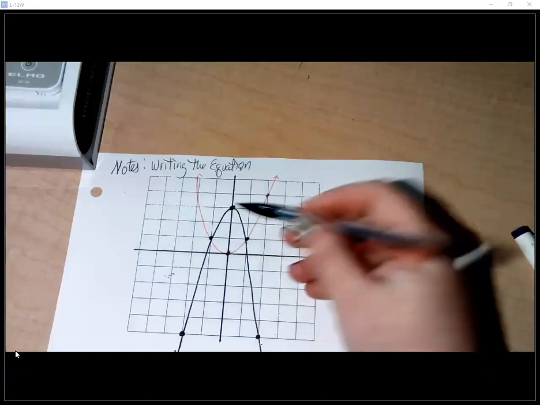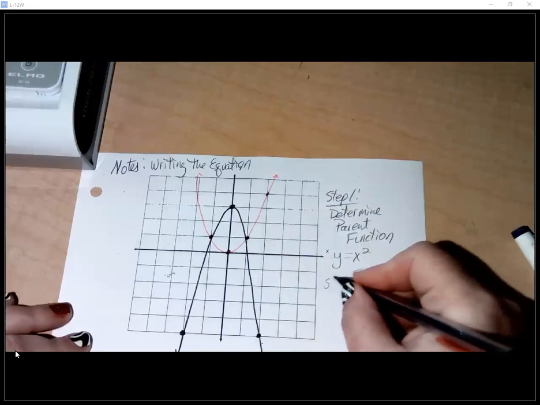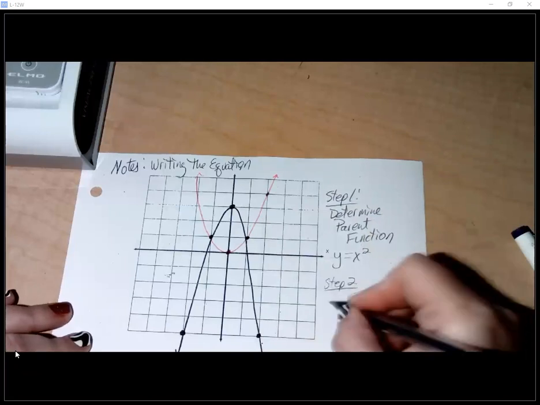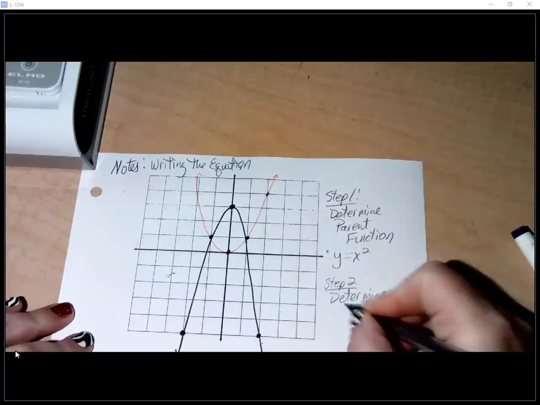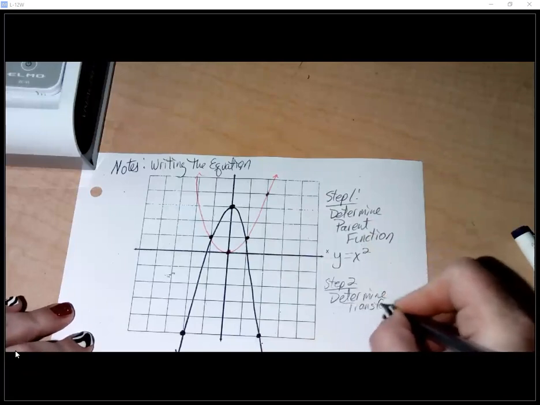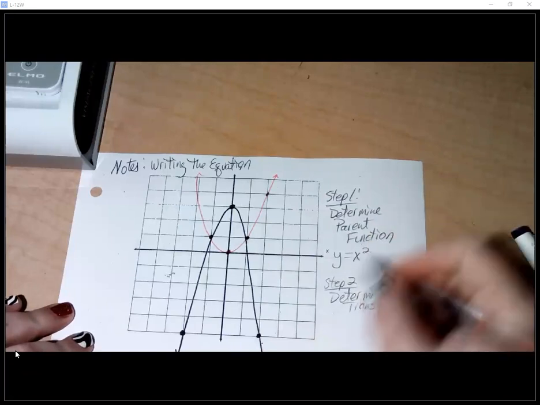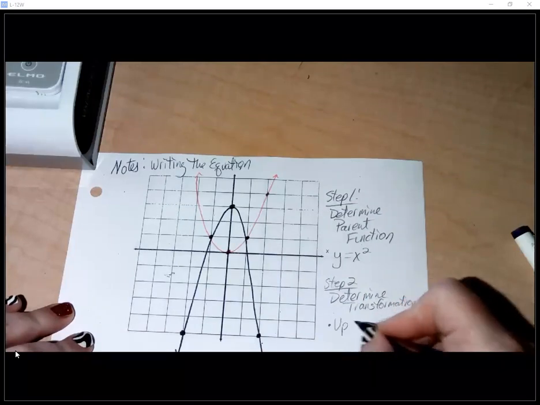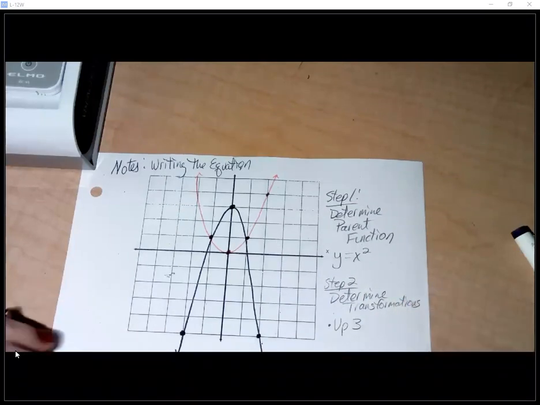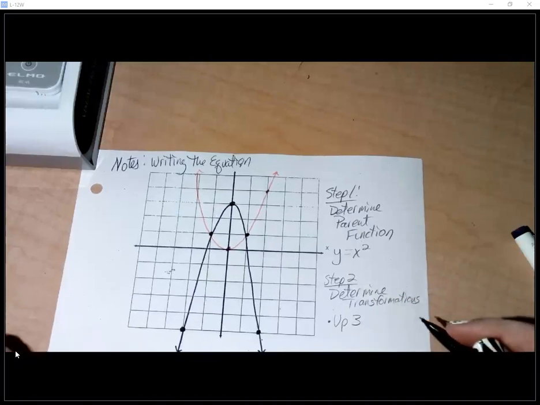So I know that one thing I'll be doing, so I'd say step 2, determine transformations. So in this case, one thing I've done is I've shifted it all up 3. Okay, but that's not it. I've got more. What else happened? It has been flipped over.